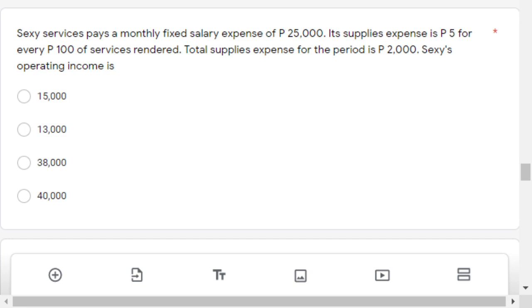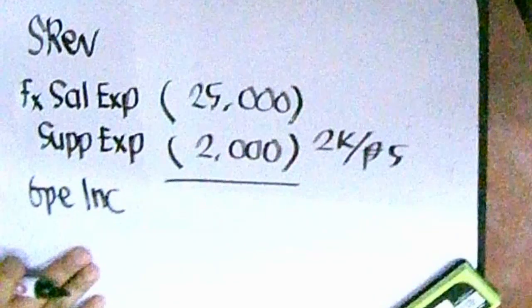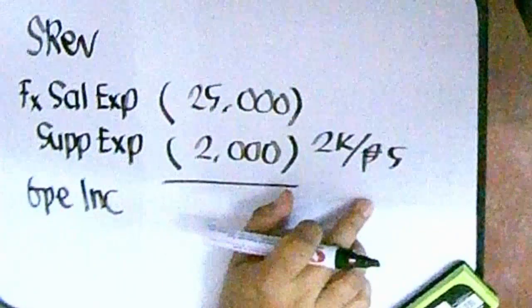So given naman na yung supplies expense, ang kukunin na lang natin kung magkano yung service revenue natin. So 5 pesos for every 100 na services. So ibig sabihin, itong 2,000 na ito, i-divide natin siya sa 5 pesos. So yan, 2,000 divided by 5 pesos.